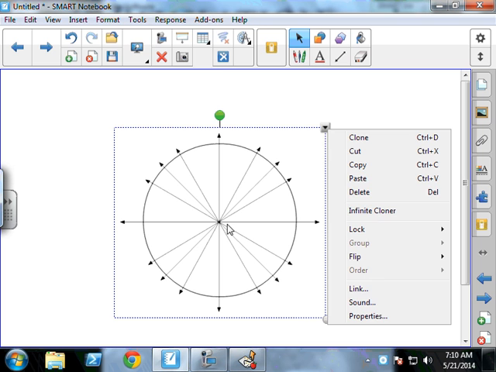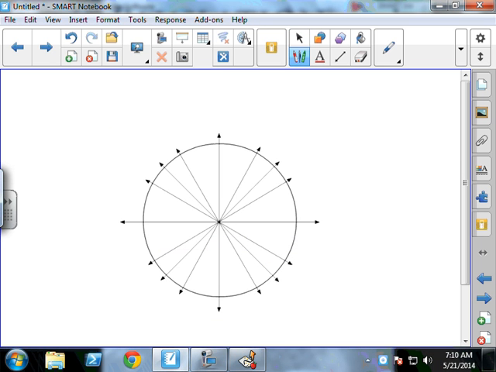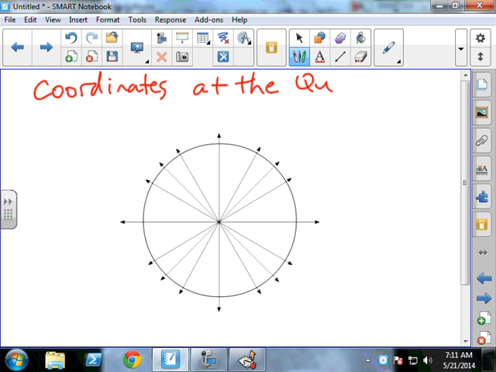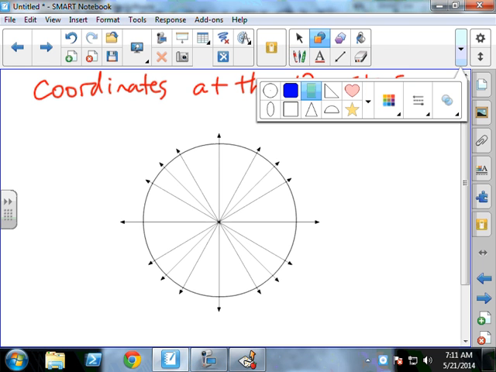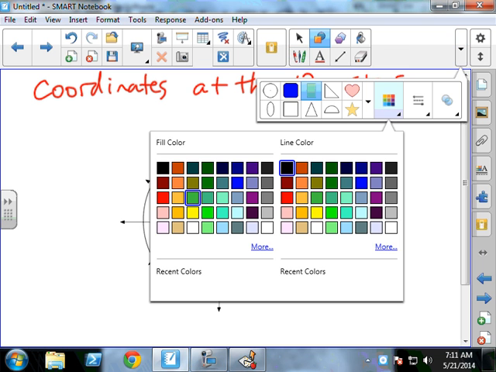So let's go ahead and start filling in some of these coordinates then, okay? So I'm going to go ahead and lock this in place. And I'm going to fill in the coordinates at the quarters. I call these the quarters, sometimes the corners. Remember, I like to make a box with a vertex with all these vertices around it.